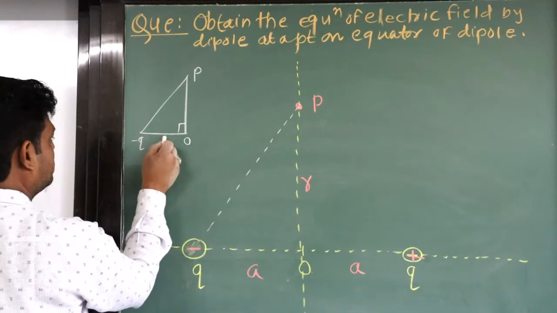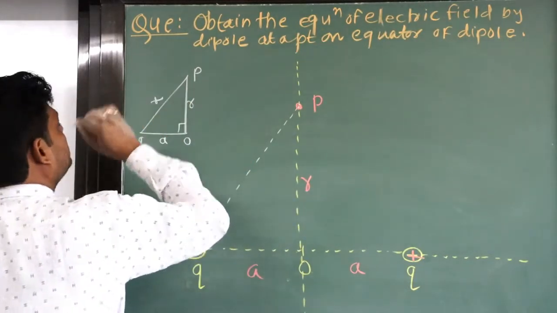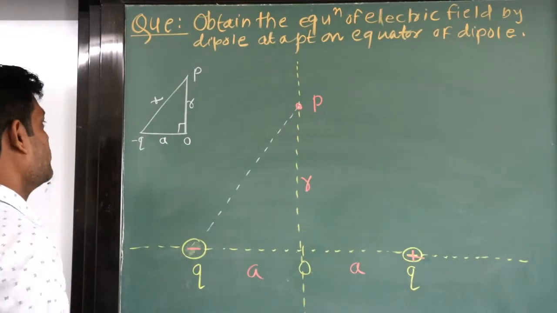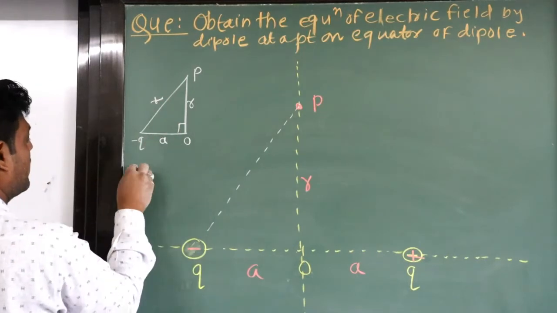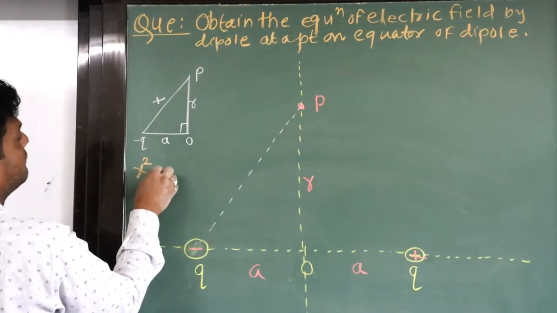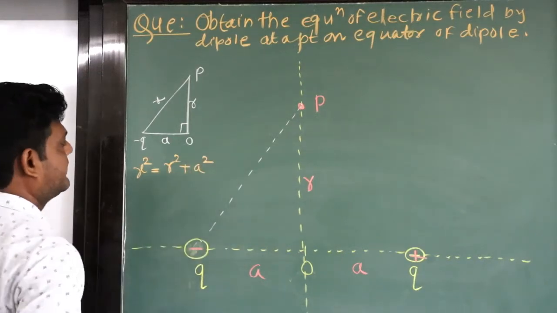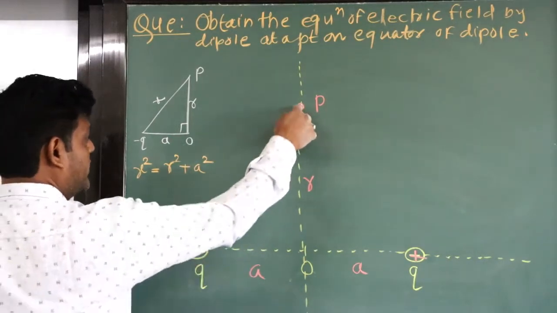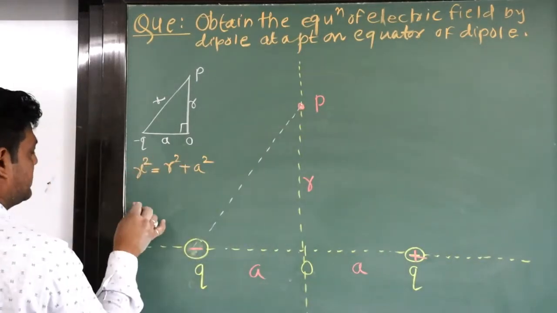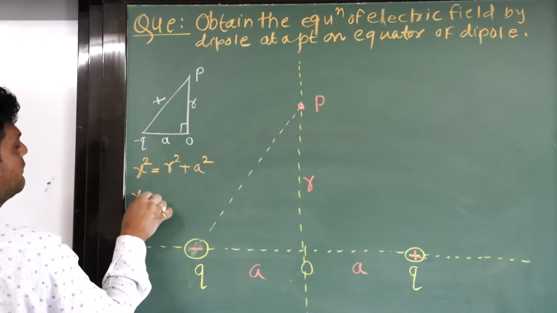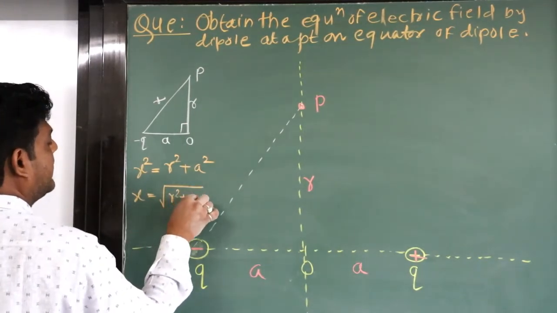Suppose this distance is a, this distance is r, and we consider this distance to be x. Using the Pythagoras theorem, x square equals r square plus a square. So this is the distance between P and the minus q charge, and x equals under root r square plus a square.